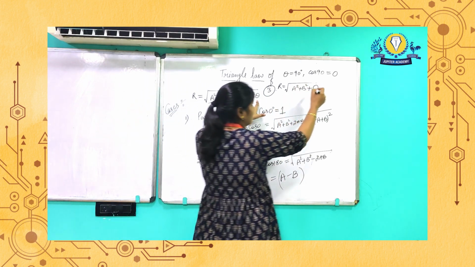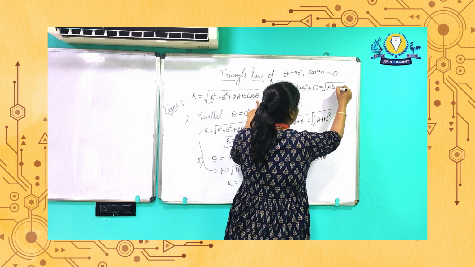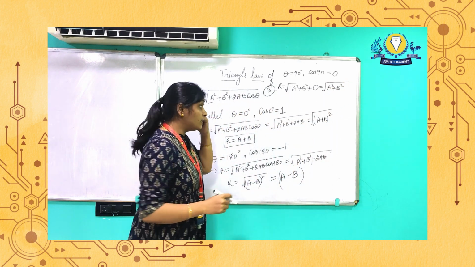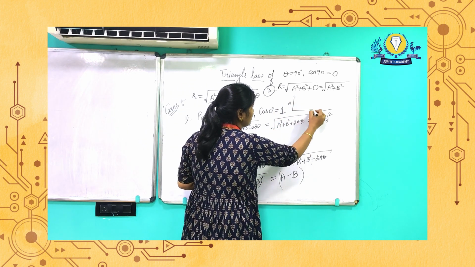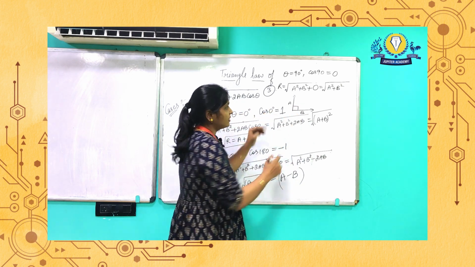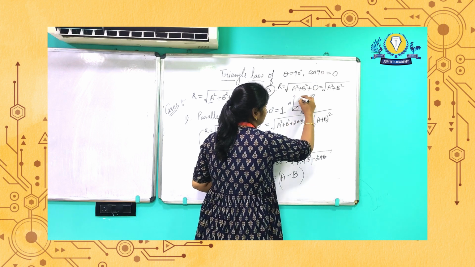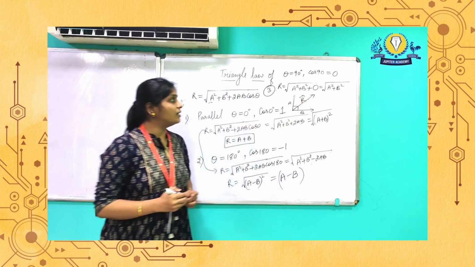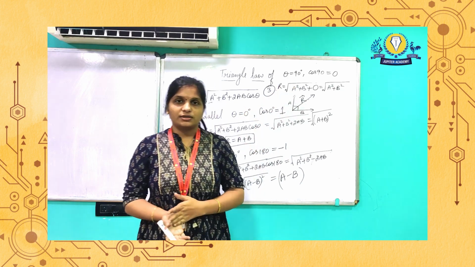So if two vectors are acting at 90 degrees, the situation will look like this. This will be A, this will be B. They are acting at 90 degrees. Their resultant force or resultant vector will go in this direction. This is the case for when two vectors are perpendicular to each other.